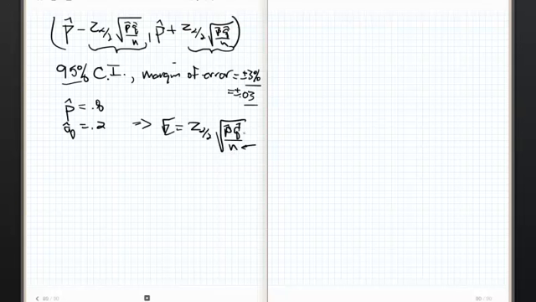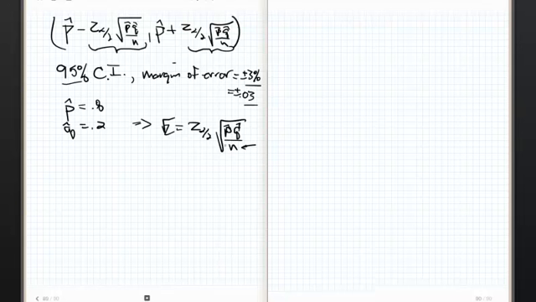All right, so in this case, what we have is a problem where we went out and did some initial research, but I'm told, hey, I only want a 3% error, 3% margin of error. Well, watch, I can solve for n. Remember, the square root of a quotient is the quotient of the square roots.